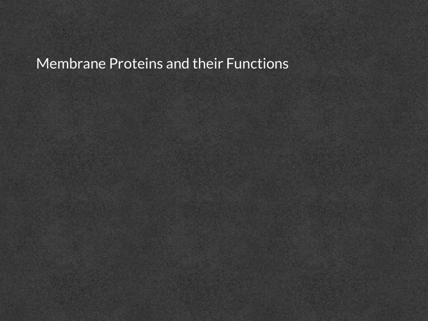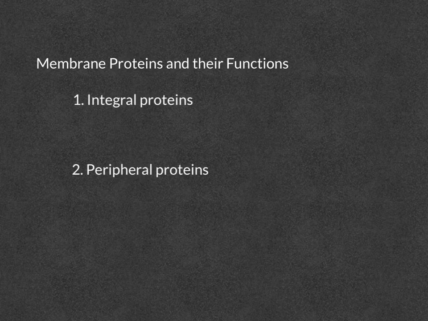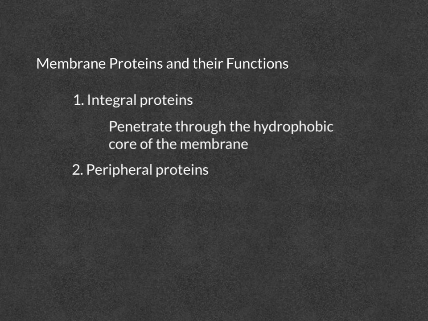There are two major populations of membrane proteins. They include integral proteins and peripheral proteins. Integral proteins actually go through into the hydrophobic interior of the lipid bilayer. The majority of these are referred to as transmembrane proteins.